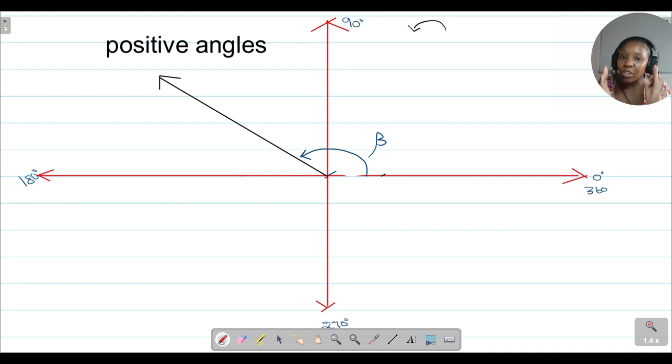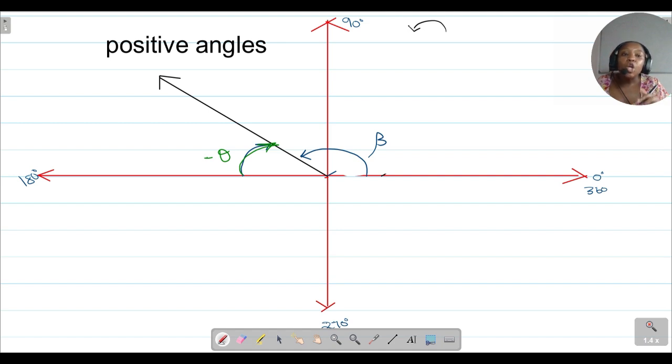But remember, we want to determine what is angle beta. So to determine what is angle beta, and let's say you're starting from the negative x-axis, and you're moving in a clockwise direction, we already know that that angle that I've just indicated there, this angle is going to be a negative angle. Why? Because we are moving in a clockwise direction.